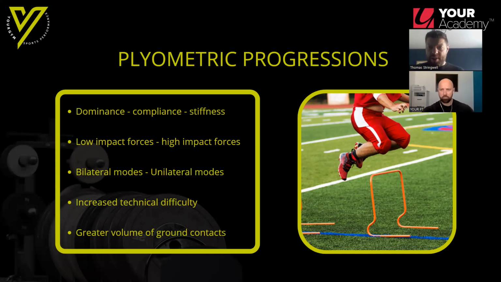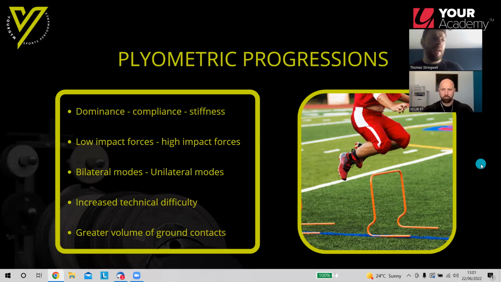Other things we need to think about with plyometric training, the type of forces that they're dealing with. And it makes sense that we've got a progressive order. Hopefully, it makes sense to you guys that we can say, I want you to be able to land from a basic height before I start making these plyometric boxes higher. We've got to go here before we go to here. It makes sense that I want you to do bilateral before you do unilateral plyometrics.